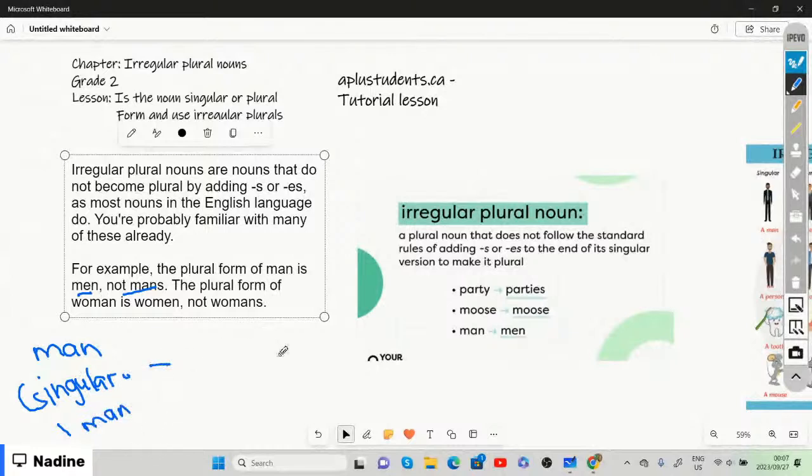But now, if we want to show more than one man, a plural noun, we say men. Men shows there are two or more men, for example in the room, or more than one man they are talking about. So as you can see, there's no rule that says we need to add s or es. It's almost as if part of the word changes.